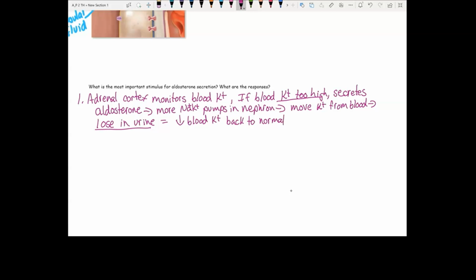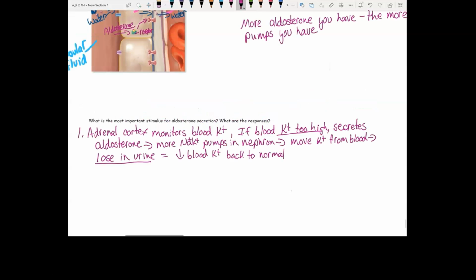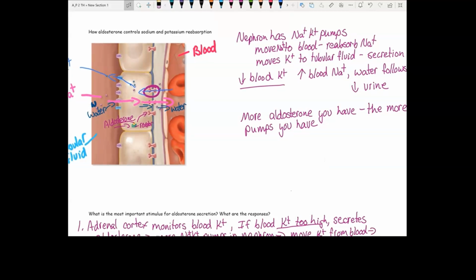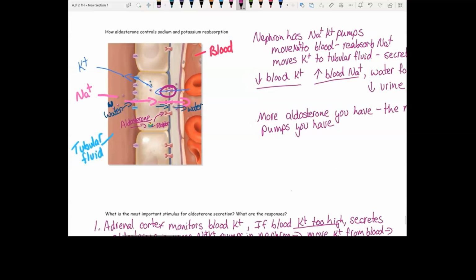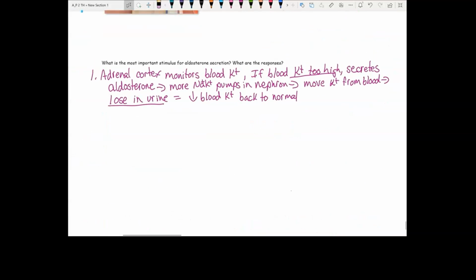Okay, so that's one thing that can stimulate you to have aldosterone. Think about what the other one would be. Another effect of aldosterone is that you increase your blood sodium. So what would be the stimulus that would cause you to need it? So your adrenal cortex gland monitors your blood sodium.